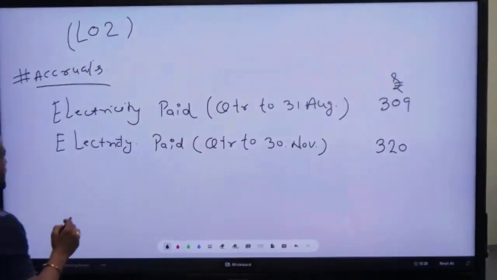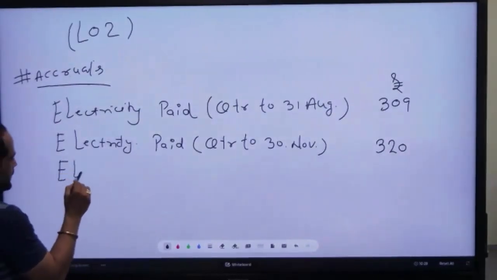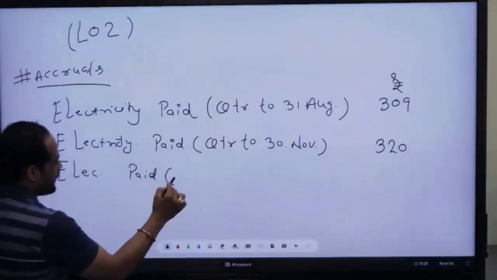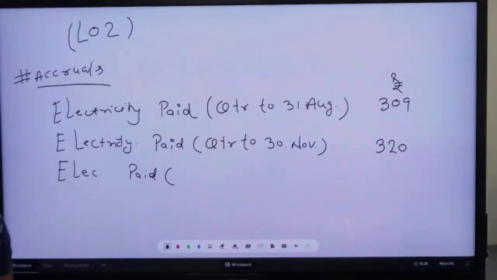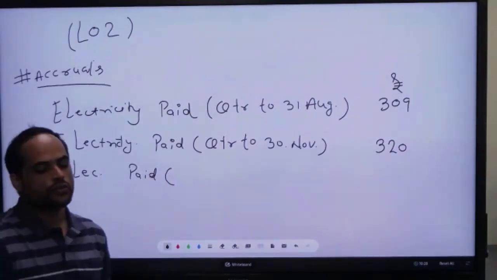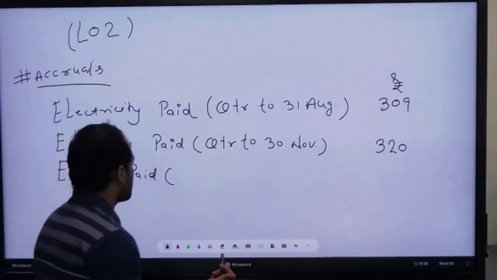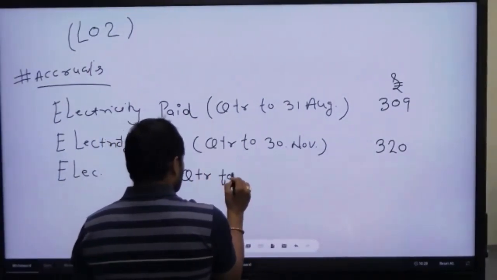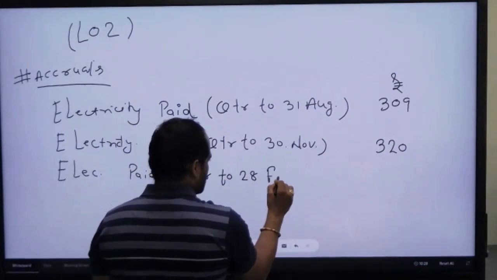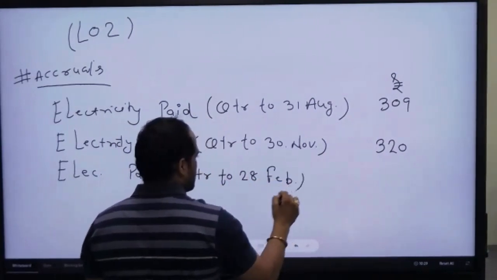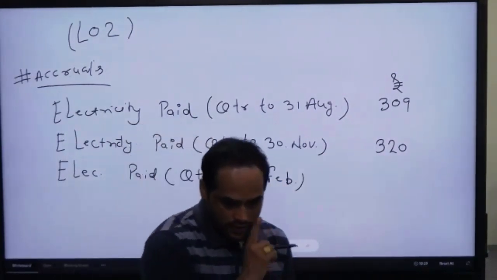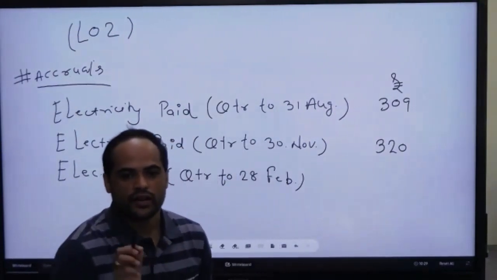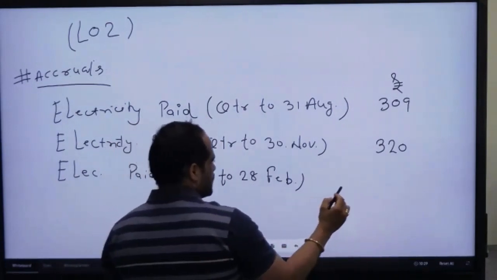Next, electricity paid till quarter to 28th February, and the amount was 340.